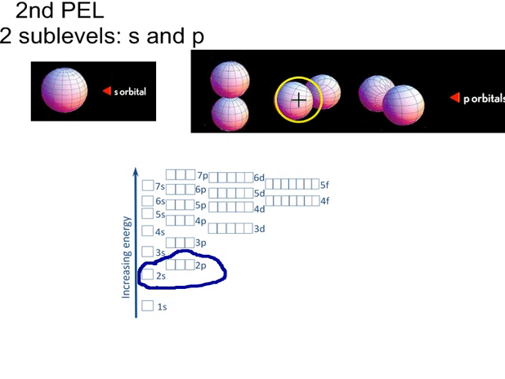And these are the peanut-shaped ones that are in the different orientations around the nucleus of the atom. Here, those 3 orientations have been separated so you can see them individually. But in reality, each one of these clouds would be centered over each other, over where this plus sign is indicated on the first p orbital. So that's the second principal energy level. It has an S and it has a P.